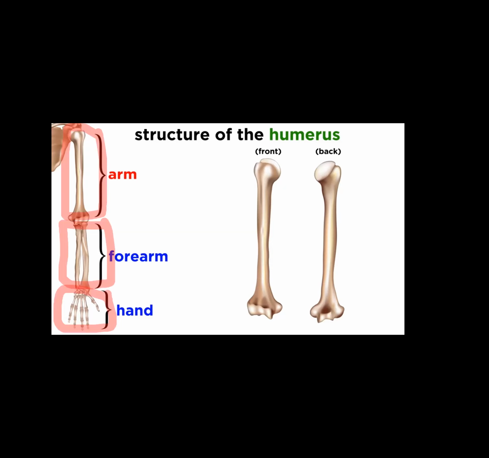I'll show you another picture in which we have the names. The picture which you're seeing at present, this is humerus. This upper arm, which is called arm in medical terms, is composed of just one bone, that is humerus.